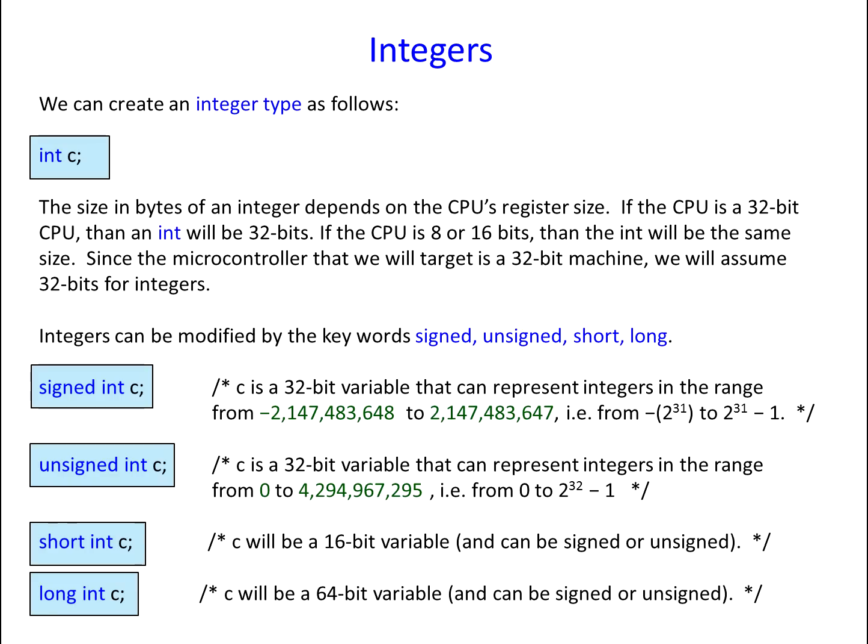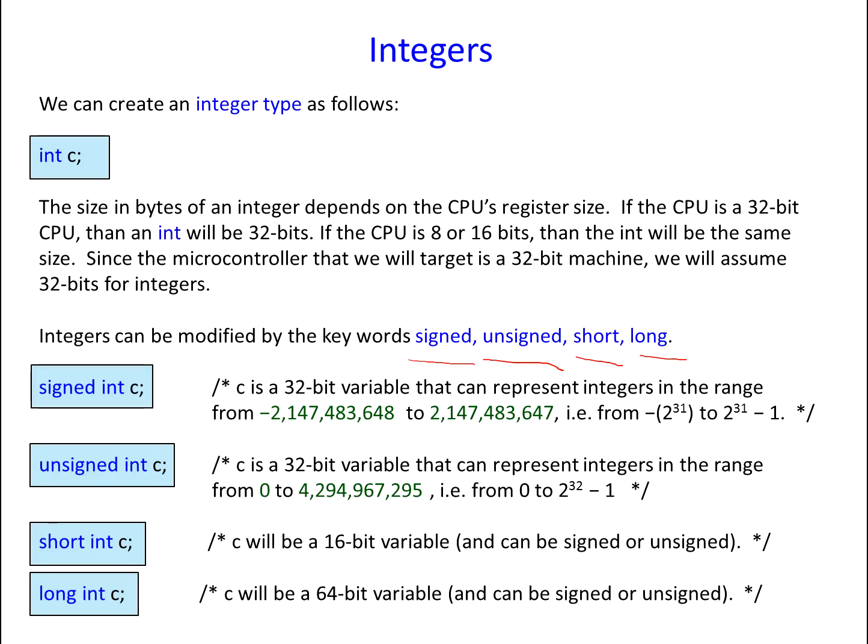Now the integers can be modified by the keywords signed, unsigned, short, and long. Let's first look at signed and unsigned. If it's a signed integer, that means it can be negative.